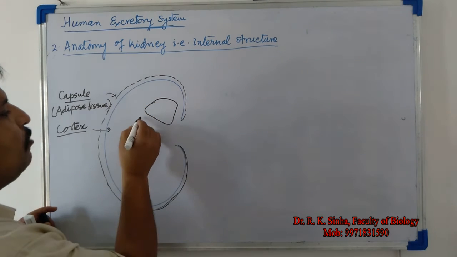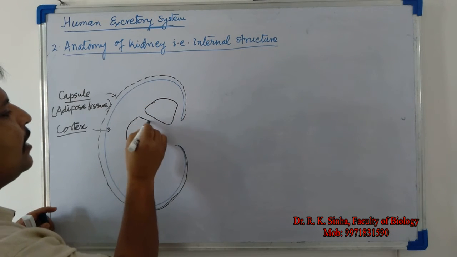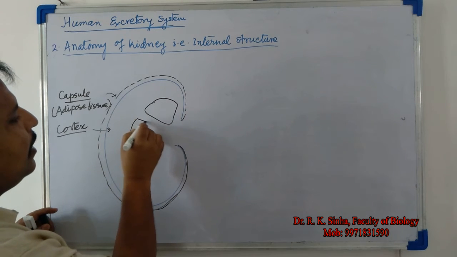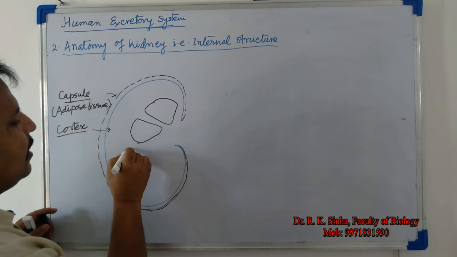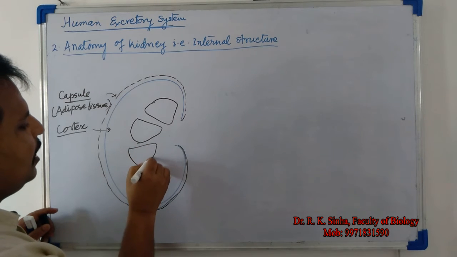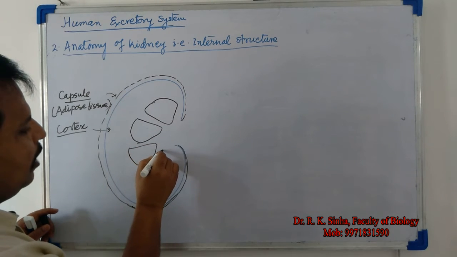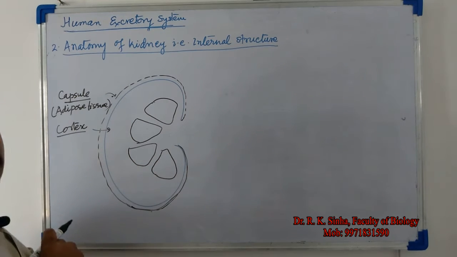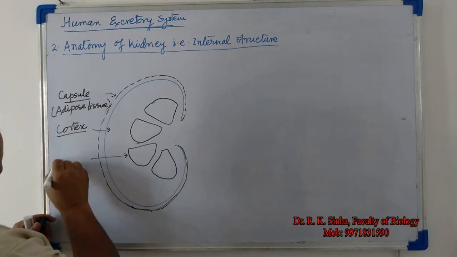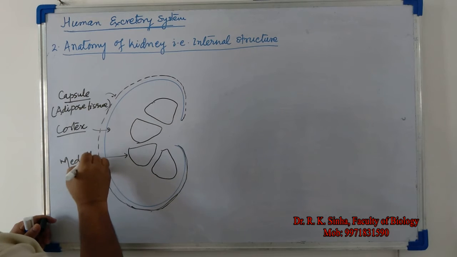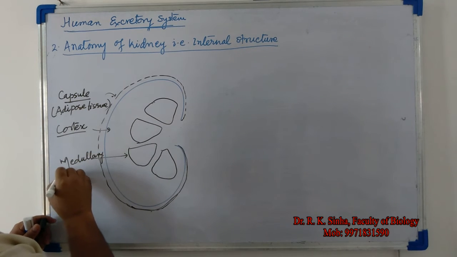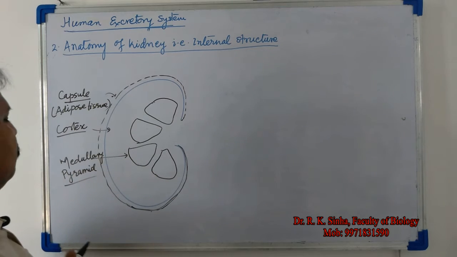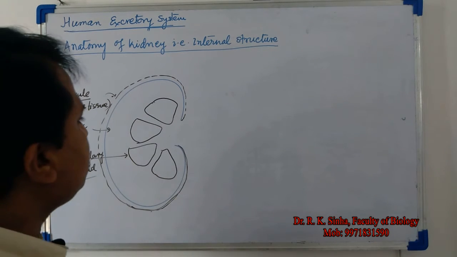This is the first medulla, this is another medulla, this is the third medulla, this is the fourth medullary structure. So this is the medulla part, that's why this structure is known as medullary pyramid. It looks pyramidal in shape, that's why it is known as medullary pyramid.